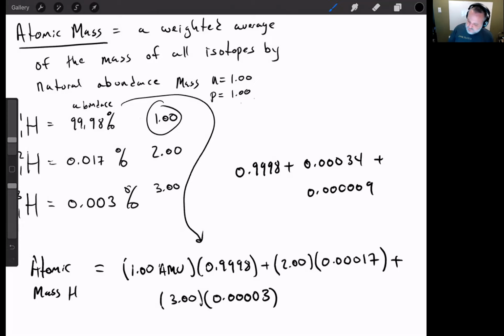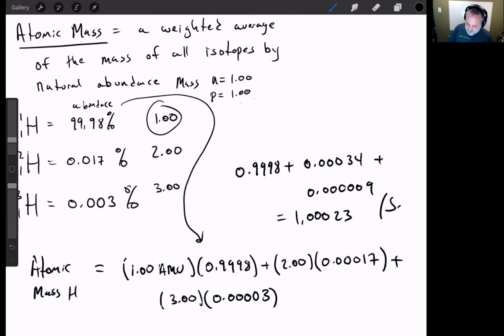And so let's add these all up together. I get 1.00023. And I need to get some sig figs in there.